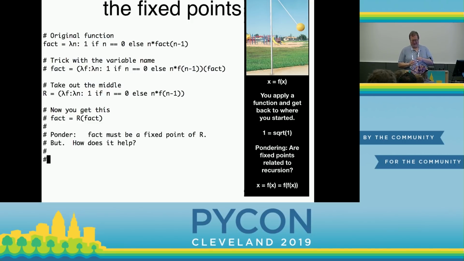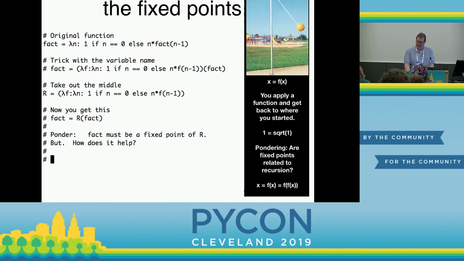Right, but with fact here, are we saying we get back the same function after we pass it into R? You're onto something. This is not really an assignment, but a mathematical relationship being expressed here. Mathematically, fact is equal to R fact.